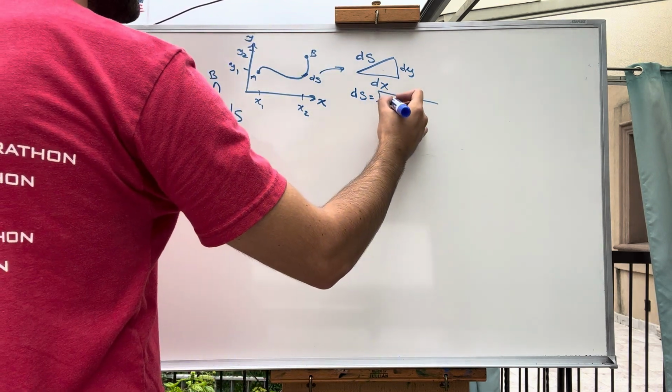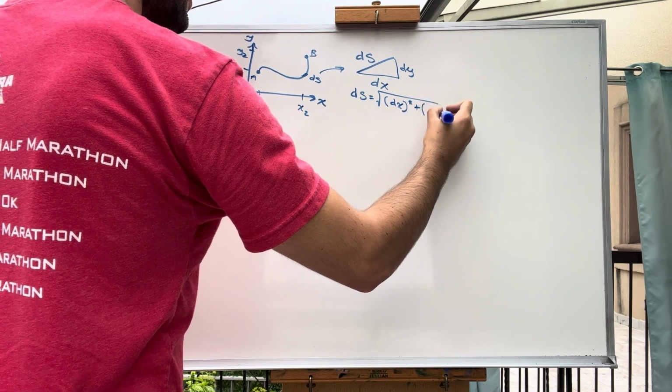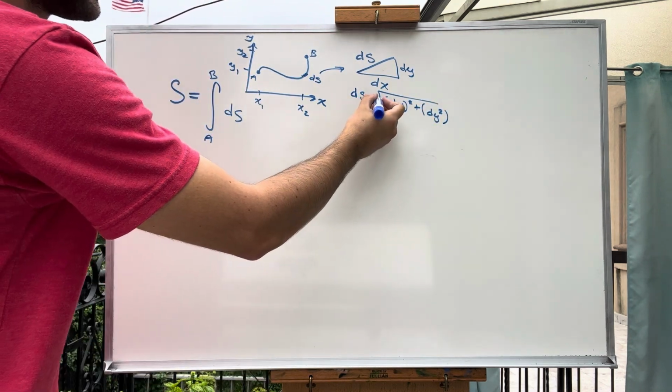Using the Pythagorean theorem, that's simply the square root of dx squared plus dy squared.